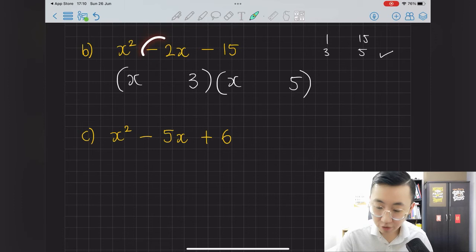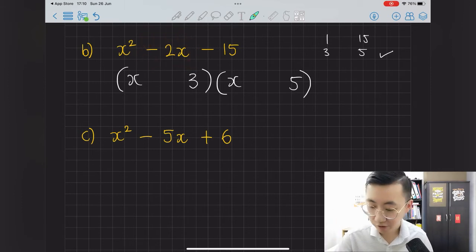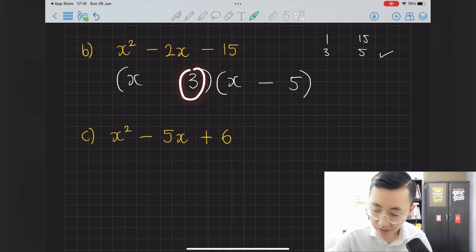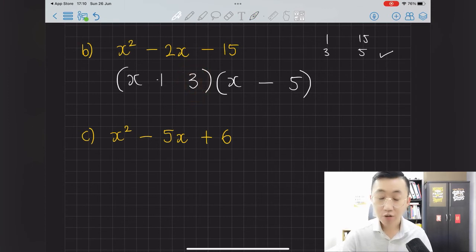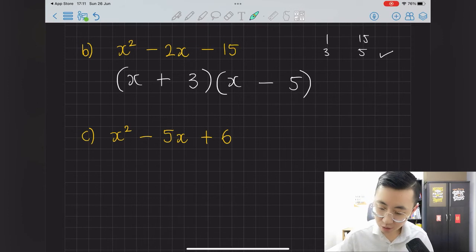The middle value is minus 2x, so you put the bigger number with the negative. The bigger number is 5, put minus. The smaller number 3, you put plus. So that's how you do question B. Remember that if you have a negative at the back, it is definitely one plus and one minus in the brackets. Alright, let's do this last question.